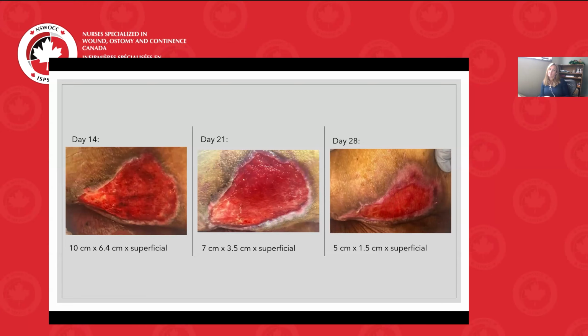It is indicated for all wounds that traditional negative pressure wound therapy is indicated for. The only thing you have to remember with the peel in place is the depth of the wound, because it's an integrated all-in-one system, it can't be any deeper than 6 centimeters. That's the only thing that's important to note with it.